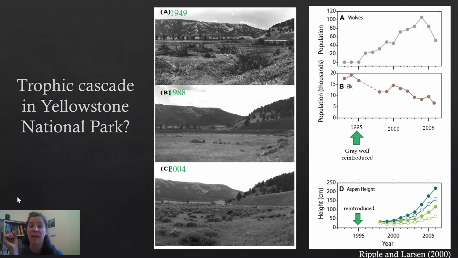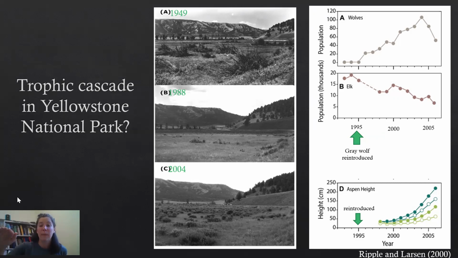The population of the wolves is in square A, the elk in square B, and then the height of aspen in square D. In 1995, the wolves were reintroduced. We started with about 15 to 20 wolves roaming the land in 1996. We can see the elk population, in thousands. The elk population in 1995 was about 15,000 in the park.